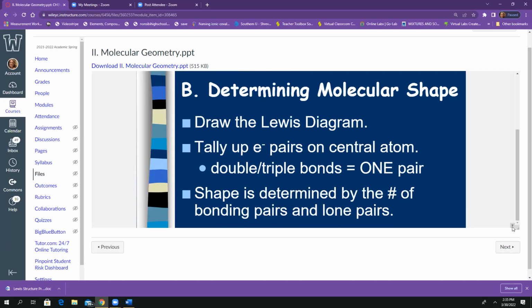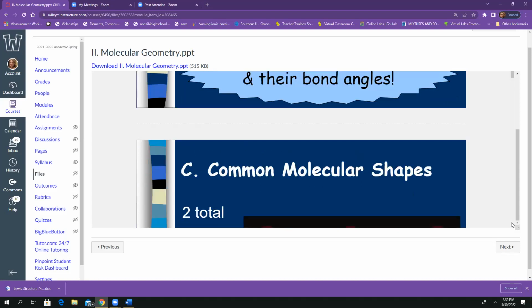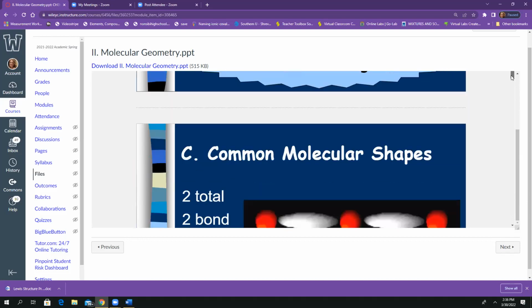And remember that once you are looking at the Lewis structure, each double or triple bond will represent just one area, not one pair, but one area of electron density, which is what we're going to call it rather than one pair, because it's really two or three pairs. So we're just going to call it one area of electron density.